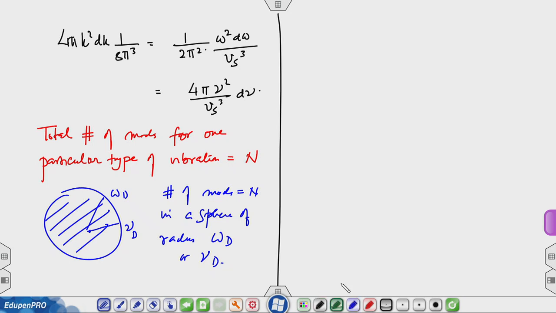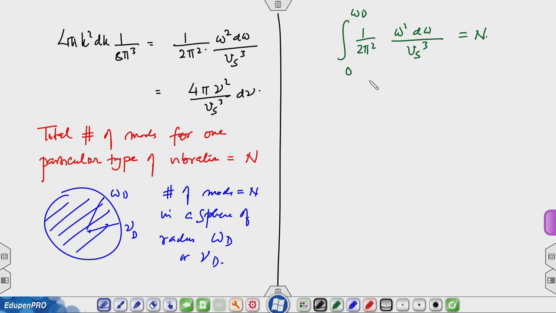More explicitly, if I do 1 over 2 pi square omega square d omega over Vs cubed from 0 to omega d, this is going to be n. So, there is a maximum cutoff frequency up to which the atoms can have vibrations, because beyond that the number of modes will go up and violate the basic counting.